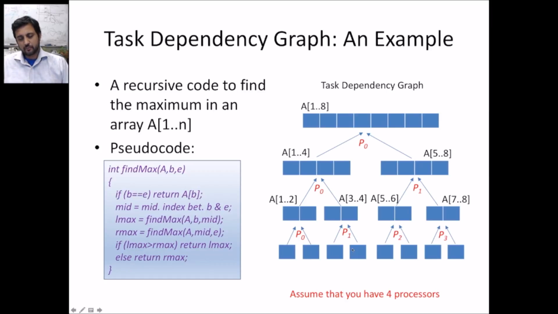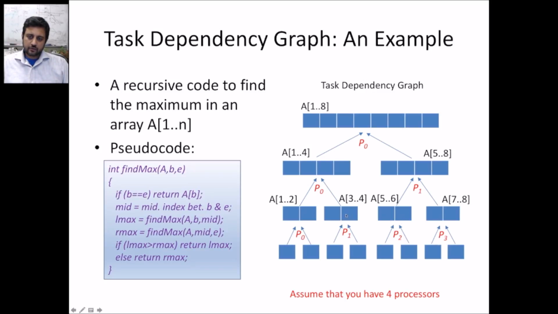Those tasks need to be completed before the parent can be completed. And respecting that dependency, if I have 4 processors, then I can assign P0 to the first group of two tasks, P1 to the next group of 2 tasks and so on.